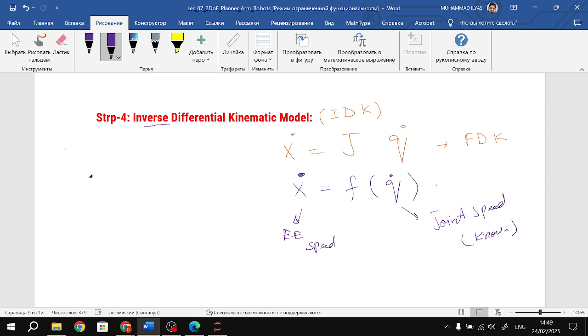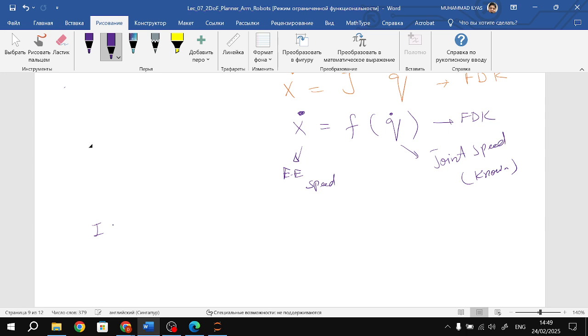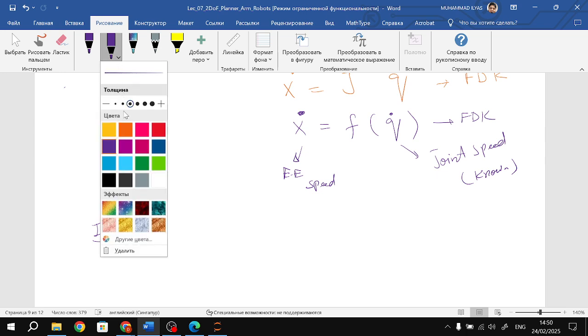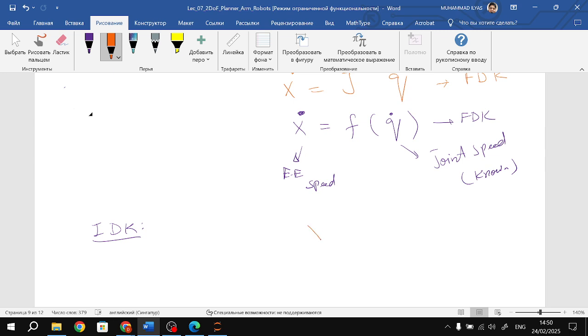This is your forward differential kinematic model. And what is your inverse differential kinematic model? That is inverse: if you know the speed of your end-effector, which in this case is known, you can calculate the speed of your joints, the joint speed.